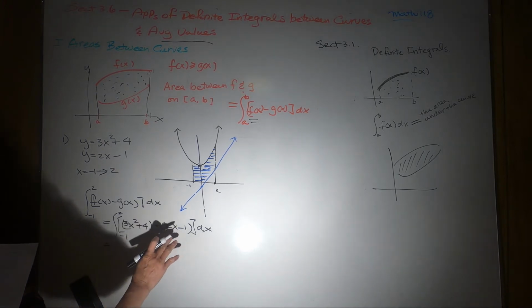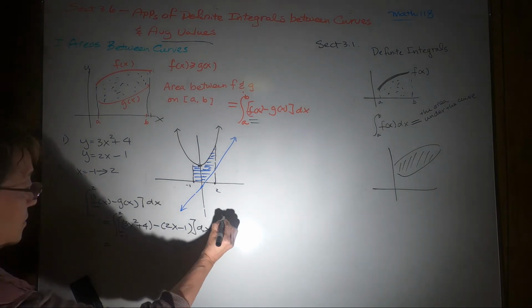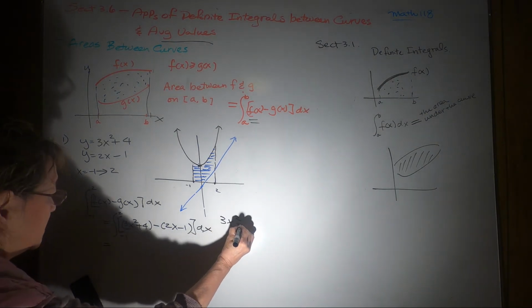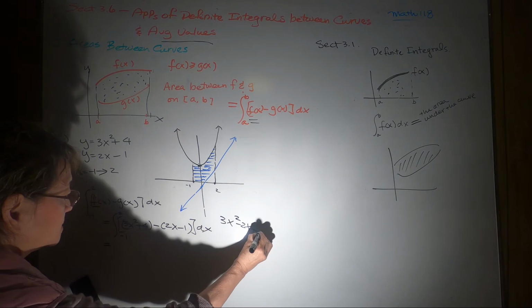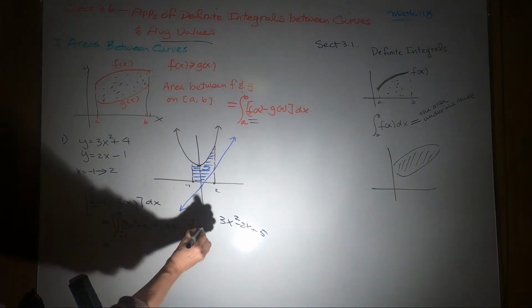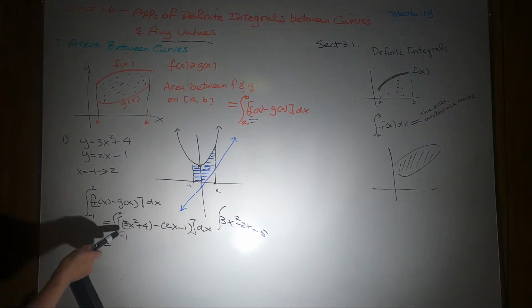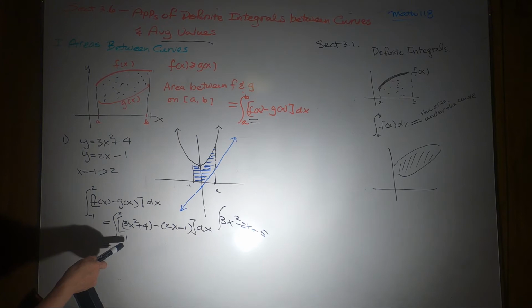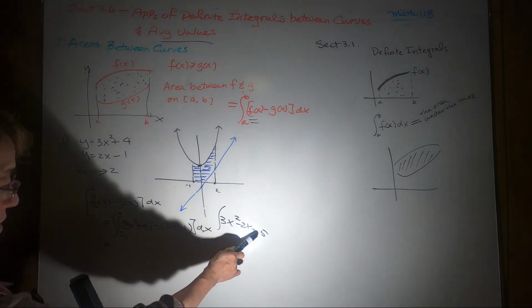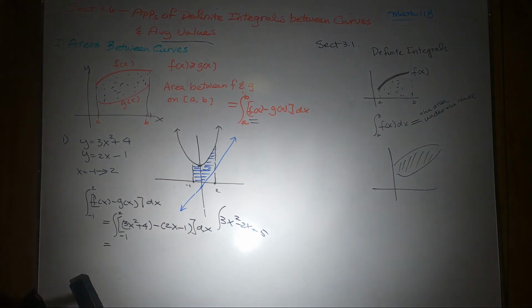Then we simplify them, and which will be what? 3x squared minus 2x plus 5, right? So we take the antiderivative of this for the definite integral. So we do the antiderivative of this polynomial, right?